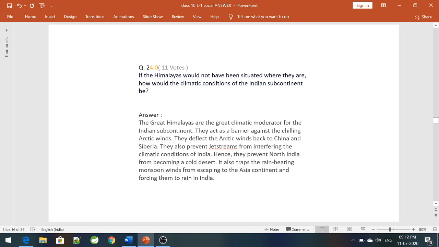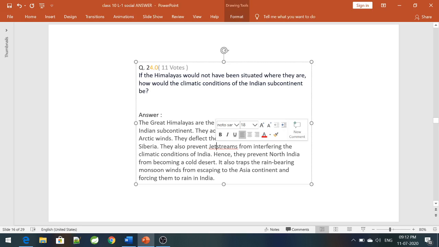They also prevent the jet stream from interfering with the climatic condition of India. Hence, they prevent North India from becoming a cold desert. They also trap the rain-bearing monsoon winds from escaping to the Asian continent, forcing them to rain in India.